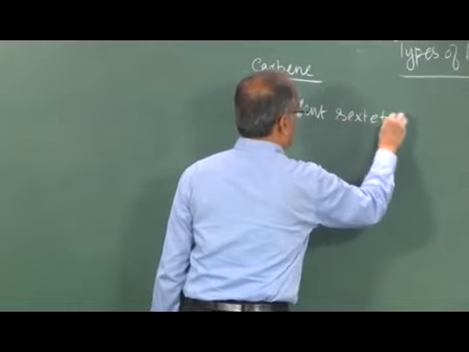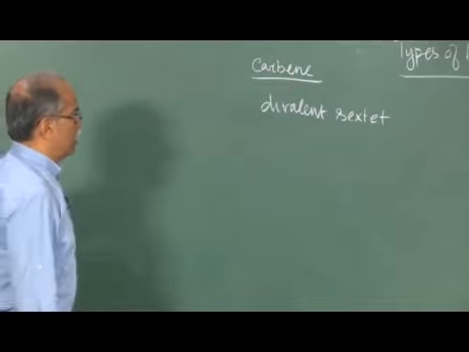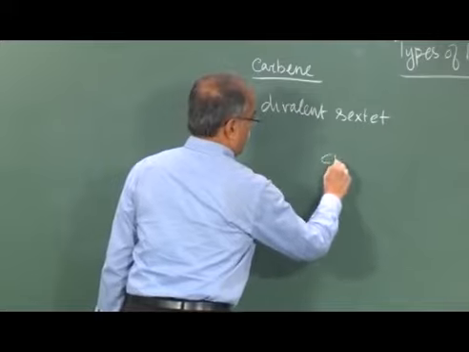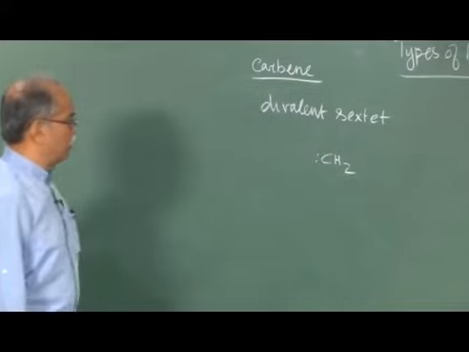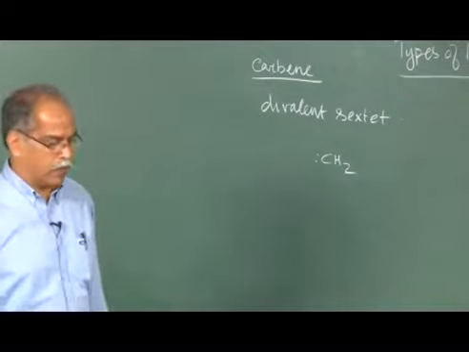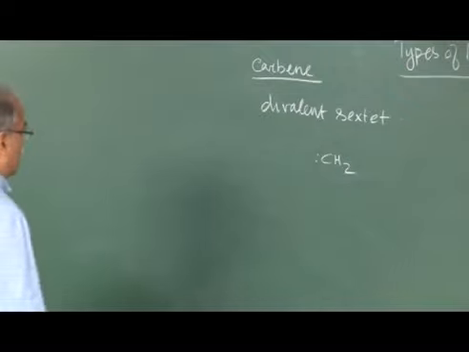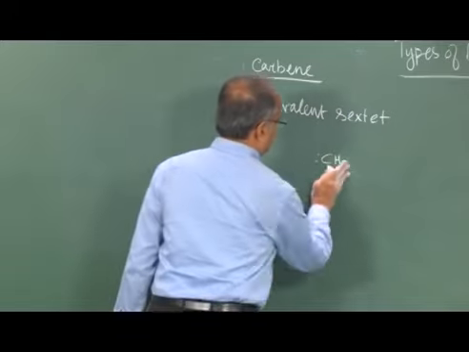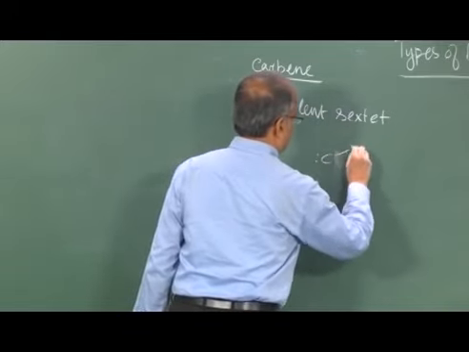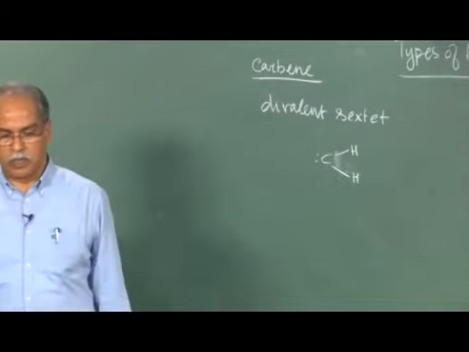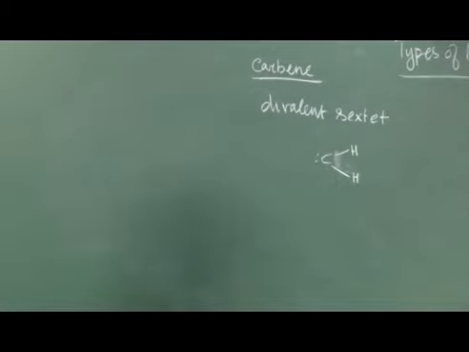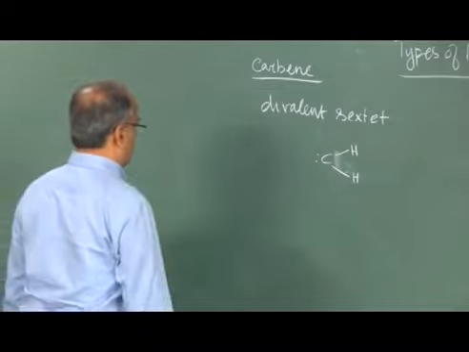It has only 6 electrons around it. The simplest carbene that you can write is this particular carbene. If you look at the number of electrons around it, there are only 6 electrons: 2 electrons of the 2 hydrogens and 2 electrons on the carbon, for example. Totally 6 electrons are there. It is an incomplete octet system.